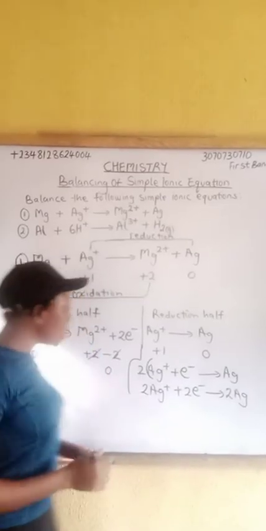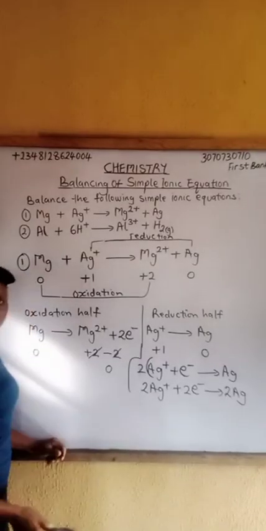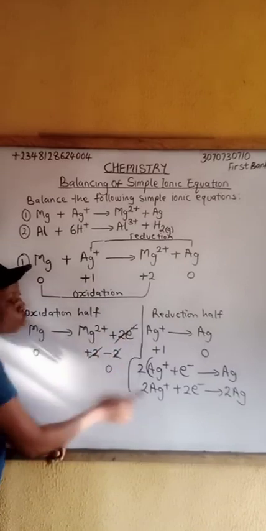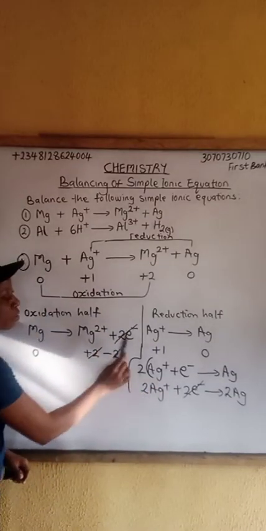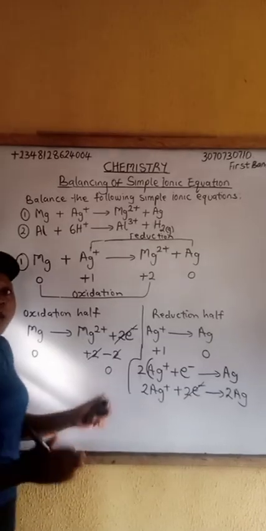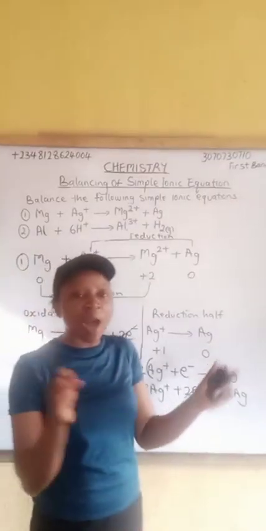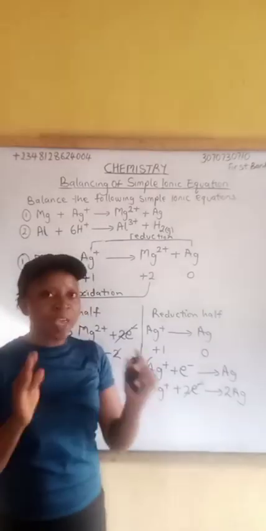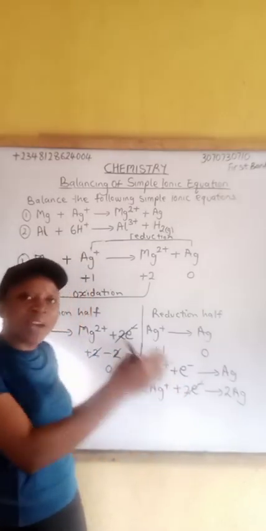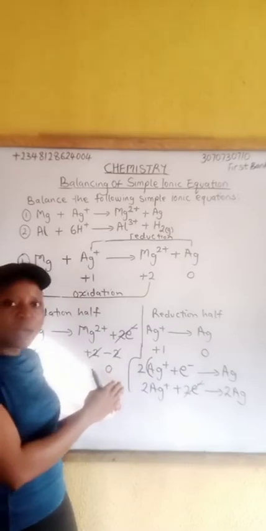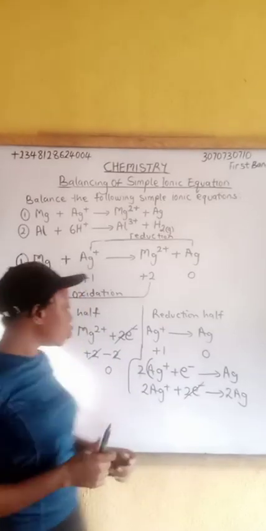Now the next step to take: we cancel the electrons out. Then you combine the two half reactions to get the final answer. You combine the reactant side together and the product side together.